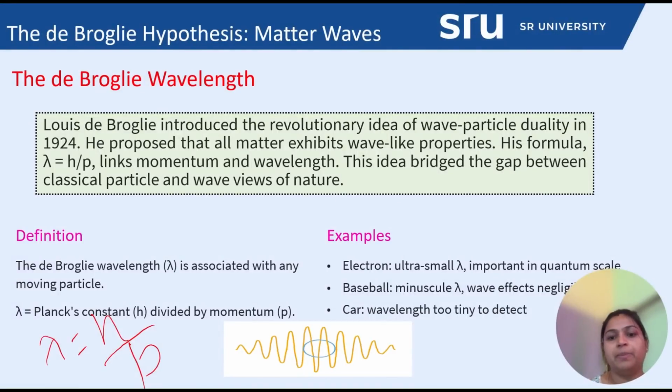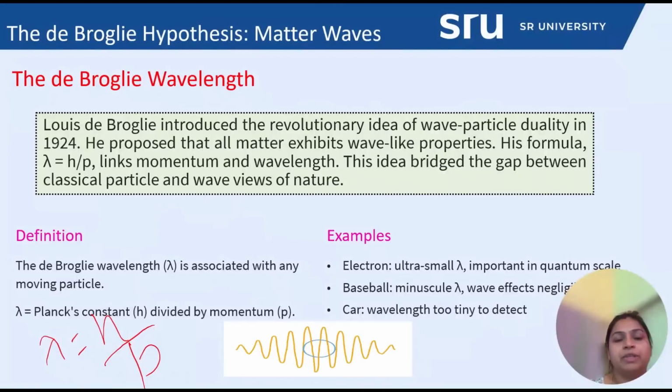Examples are electrons, with an ultra small wavelength important at the quantum scale, while for a baseball or a car the wavelength is too tiny to detect. The major implication of matter waves is that microscopic particles like electrons have a noticeable wavelength, while for macroscopic objects the wavelength is so small it is undetectable.